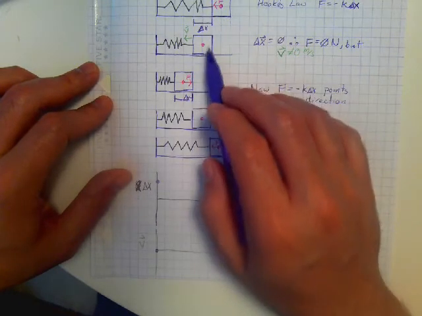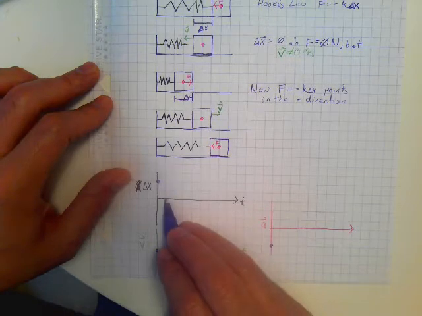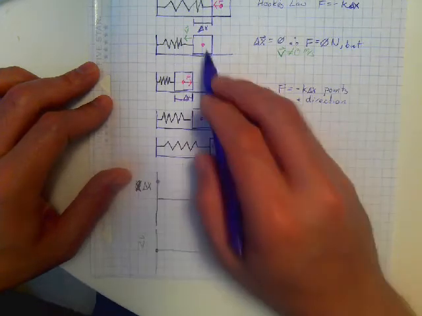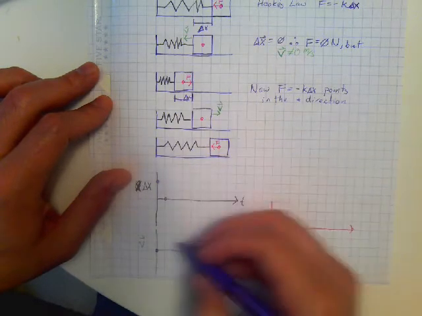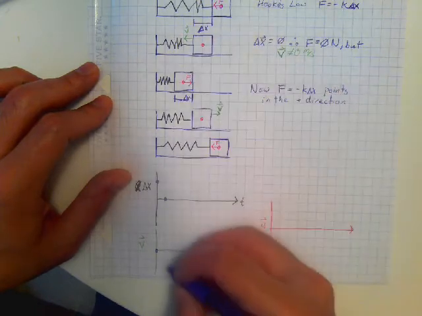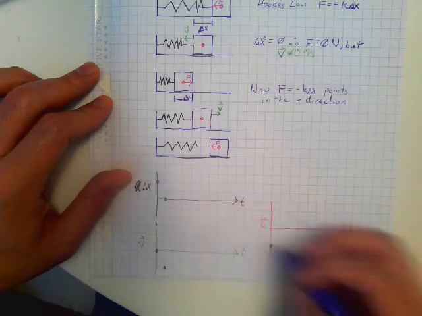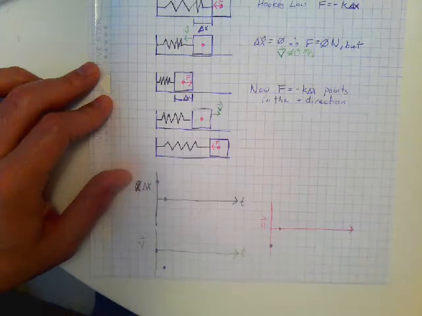At our next point in time, so I'll move over a block. At our next point in time, well, now our x position is 0, but our velocity is very negative. And our acceleration has gone to 0. Interesting.